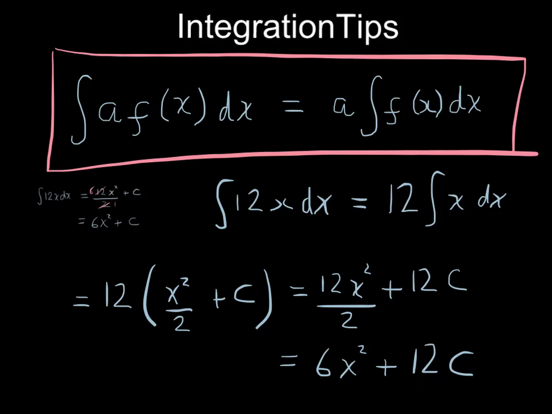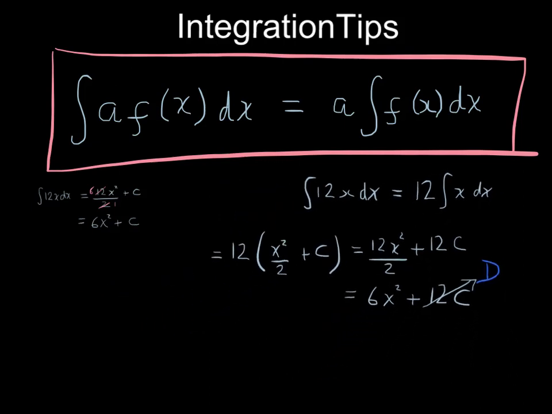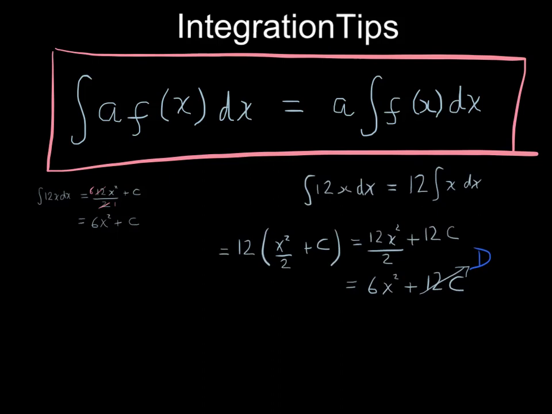If I instead say that 12c is actually something new, maybe d, then our answer is just going to be 6x squared plus d.